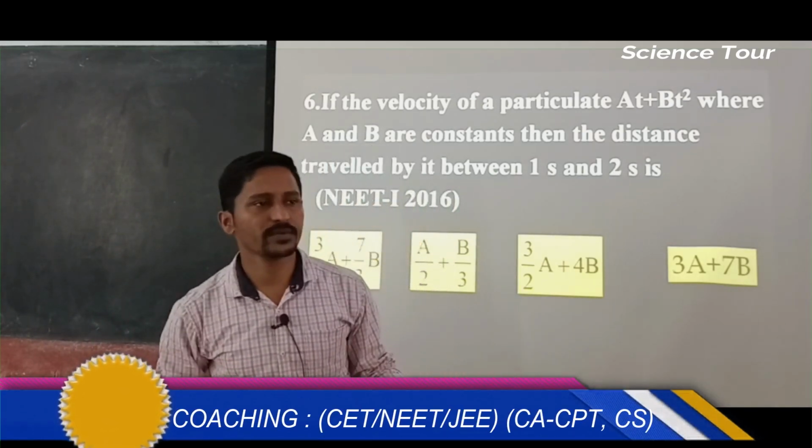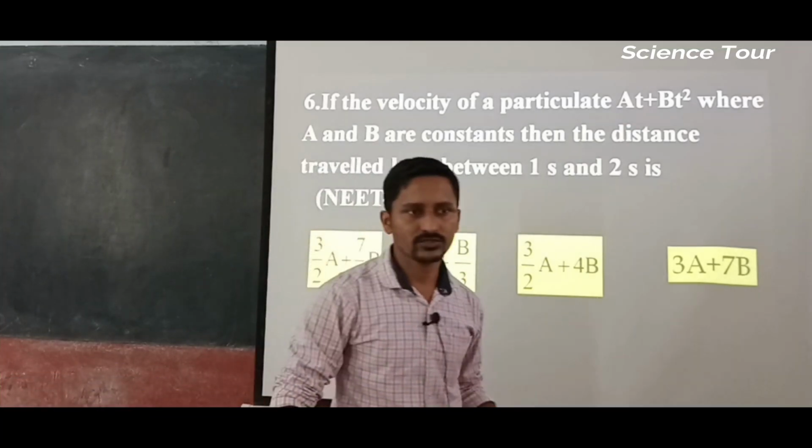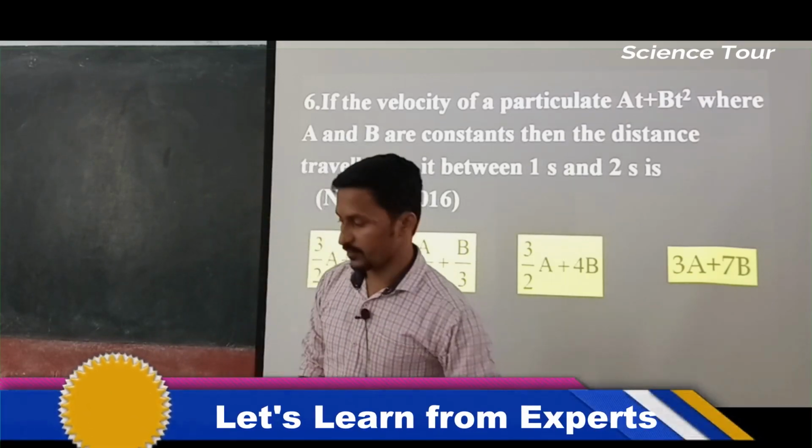So don't always depend on the solutions. Find your own solution. After that, go and refer to the solution to check whether whatever you have done is correct or not. In that way, we will move to the next question.